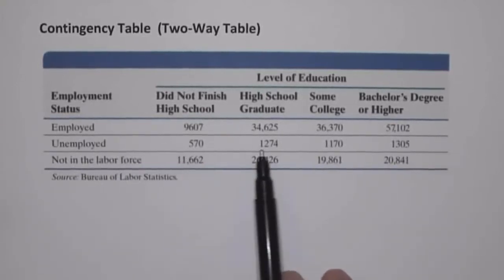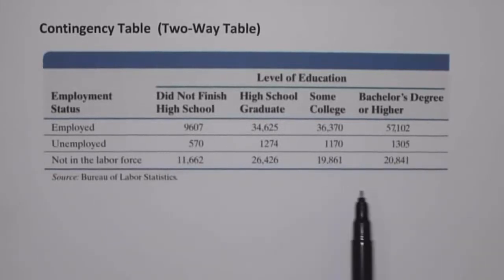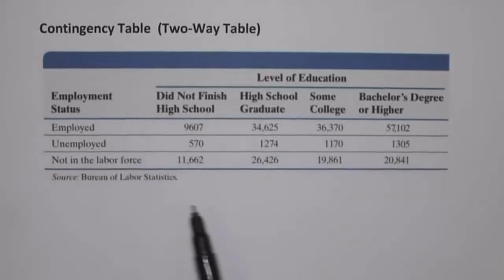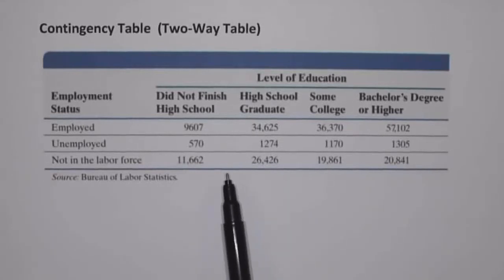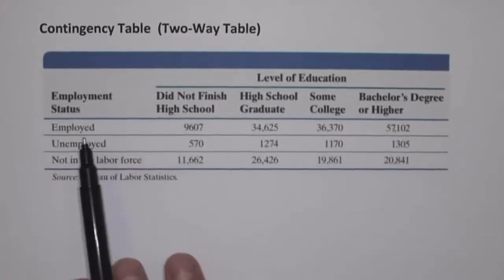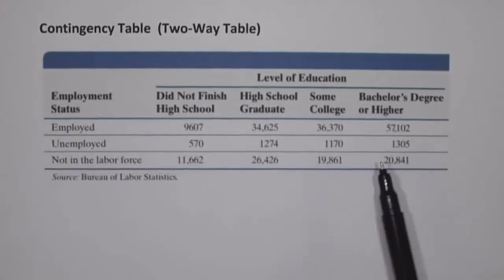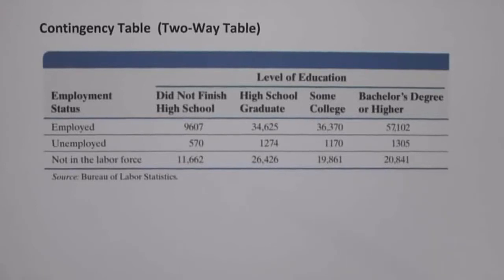Row 2 shows unemployment status by level of education, and so on. So we have lots of information provided in this contingency table. Again, information about both employment status and about level of education. So we're going to be looking at these types of tables for the remainder of this section.